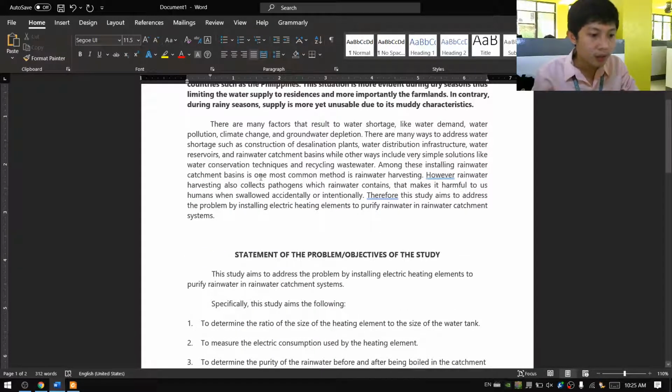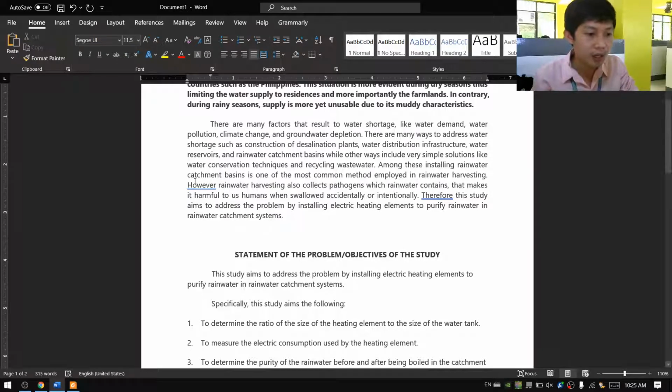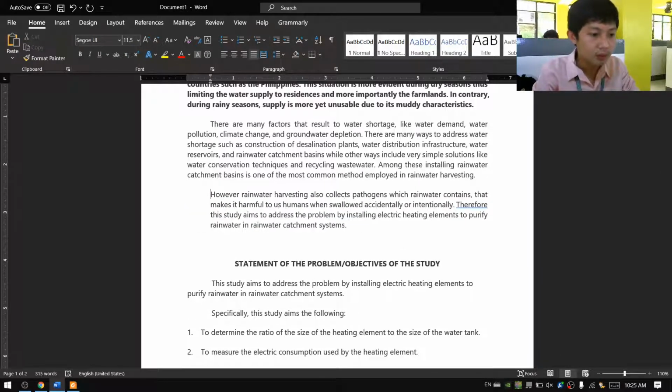One of the most common methods employed is rainwater harvesting.